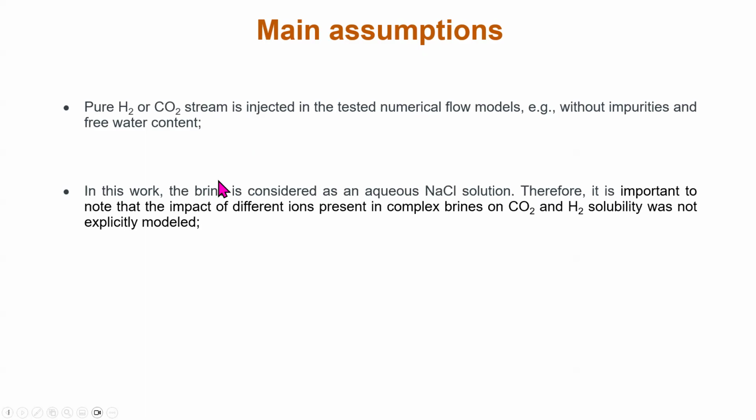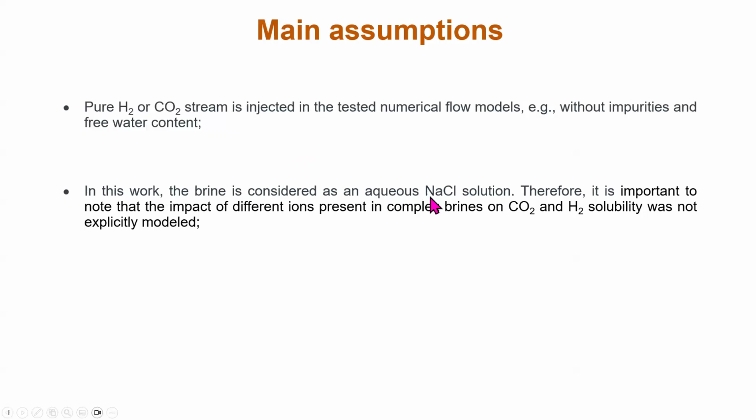About the brine, it's very important to put some statements about the stream and the brine, especially when we are dealing with saline aquifers. I will consider only simple brine, single salt brine. I'm not considering multi salt or mixed salt brine in my modeling.